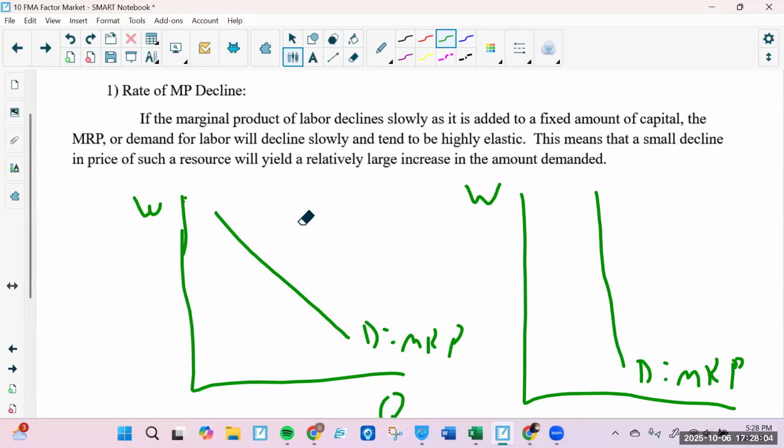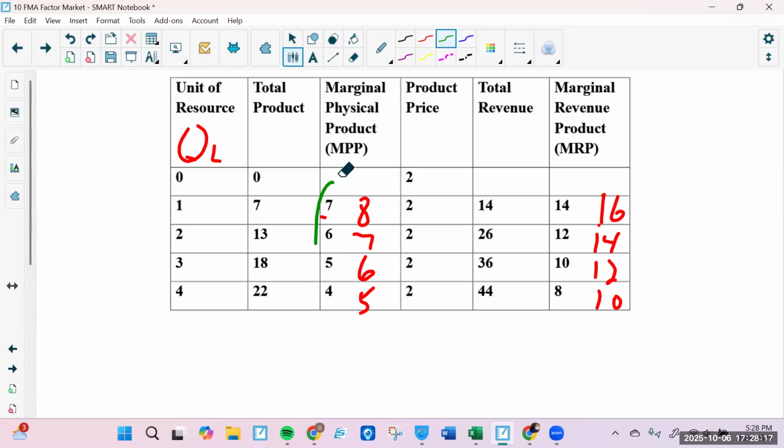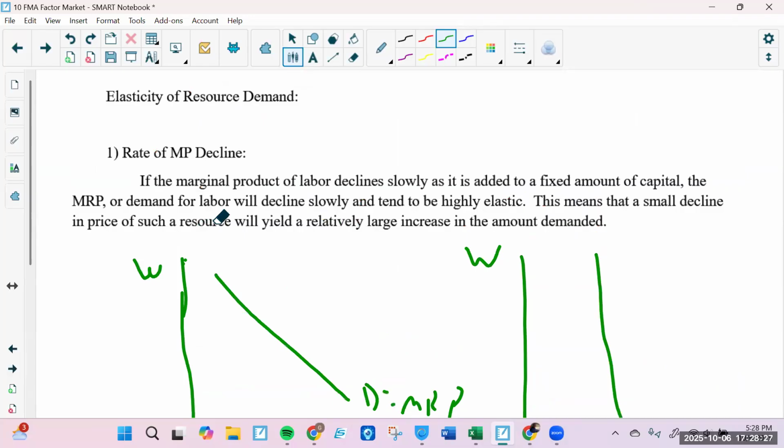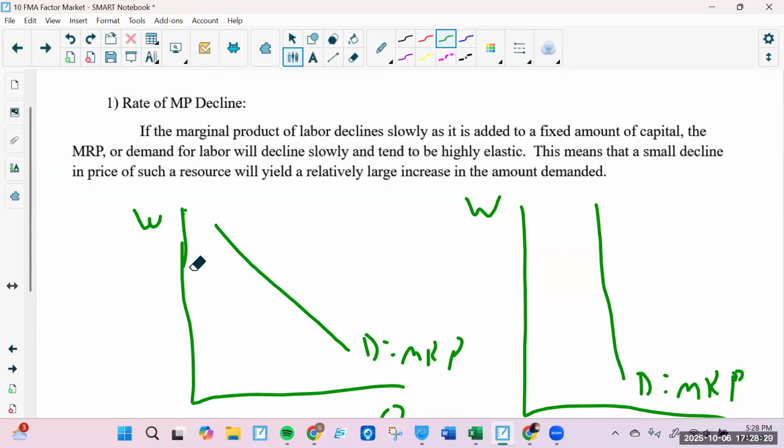Here are your determinants that change elasticity. The first is the rate of marginal product decline. Going back to this here, how fast is this falling down? That's one of the things that will affect how steep the MRP is. And what we find is, if marginal product declines slowly as you add labor to fixed capital, the demand for labor will fall slowly.